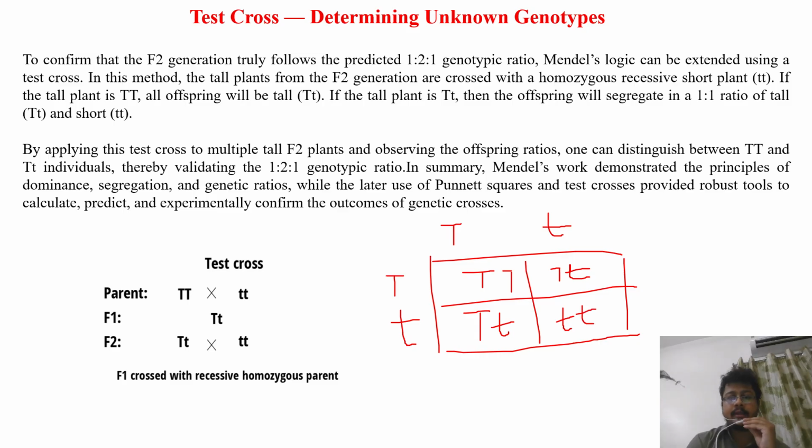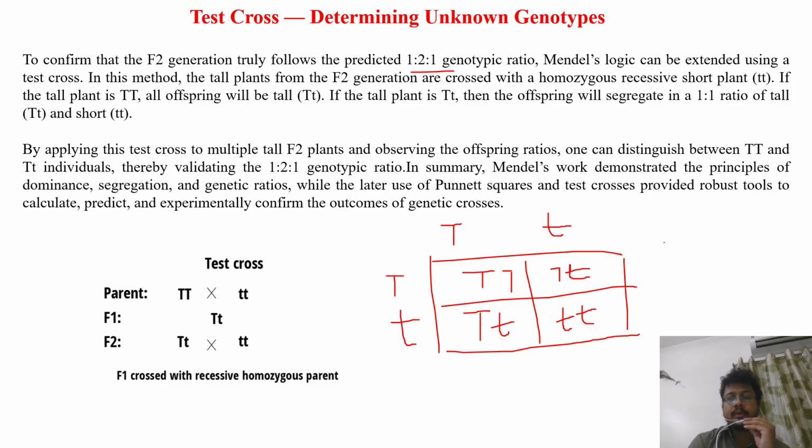So we can see there is one homozygous dominant, two heterozygous dominant, and one homozygous recessive. So they produce a 1:2:1 genotypic ratio. It is 1, these are 2, and this is 1. But the phenotypic ratio will be 3:1 because these three are tall plants and this is a short plant.